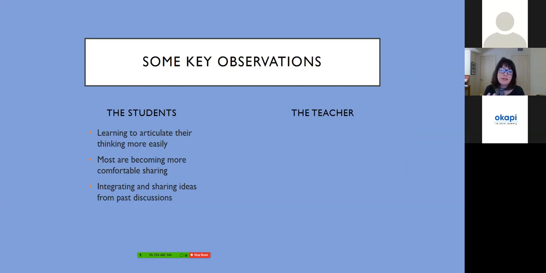And one of the things that I just always think about with this is how the kids have, the more that they talk about a topic, the more they get comfortable articulating their thinking. And I see the signs that they're beginning to learn to talk more as a group.